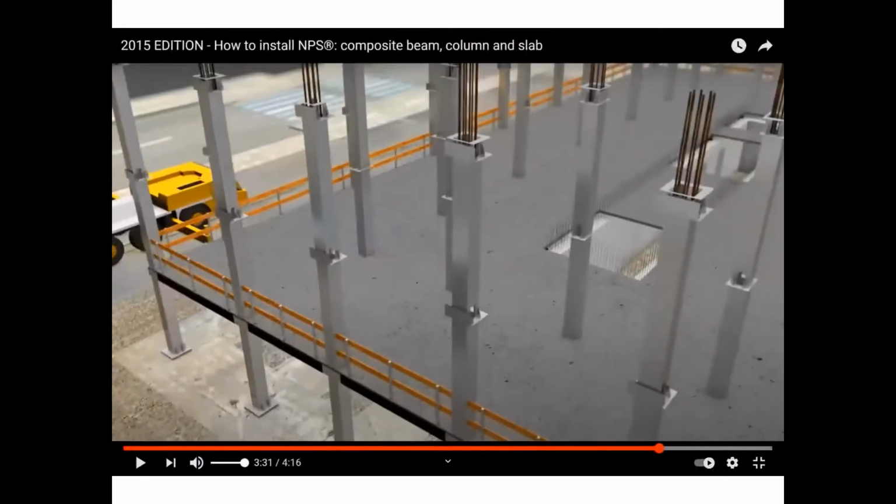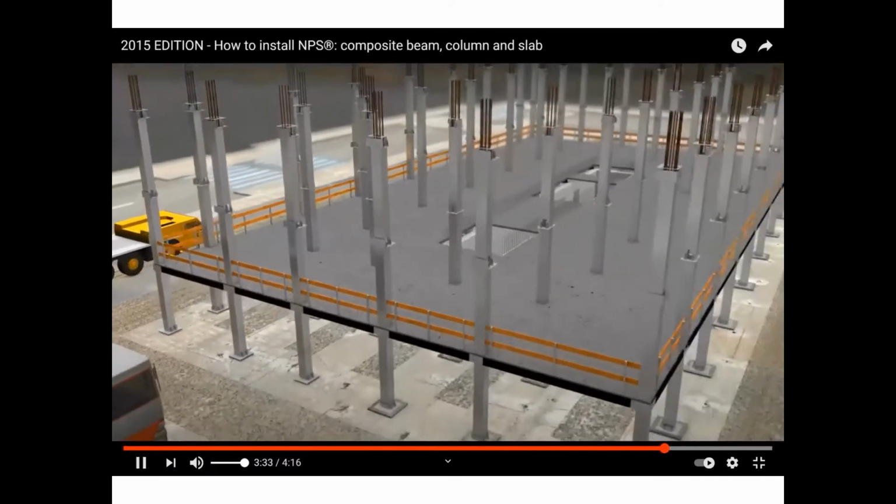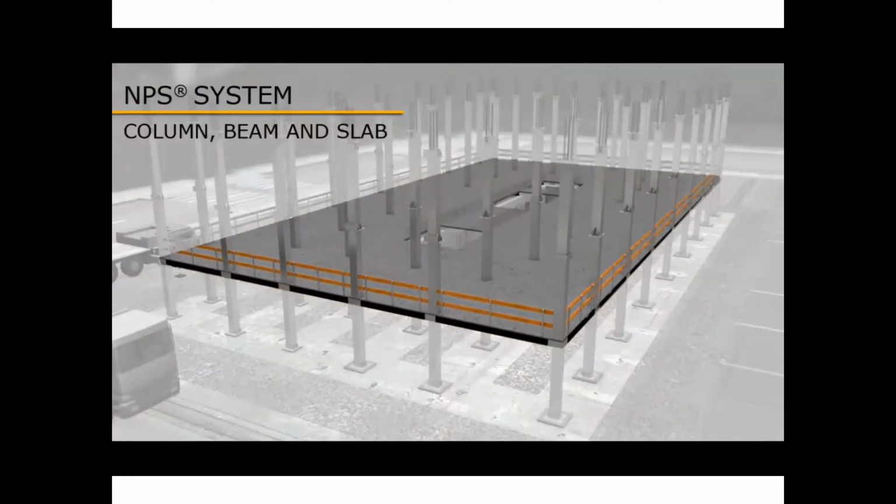We are done with the first floor. So this first floor, I cannot say it's a concrete slab. I cannot say it's a steel floor, but I will say it's a composite floor. We will do the same for the second floor and the third floor.